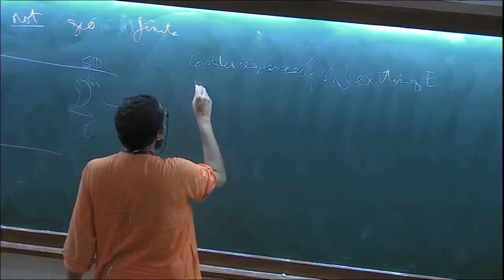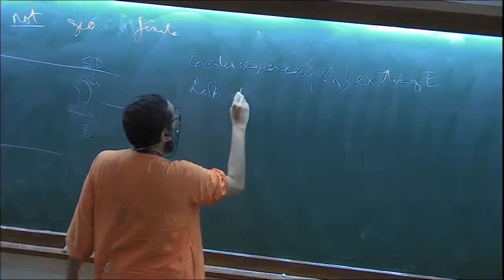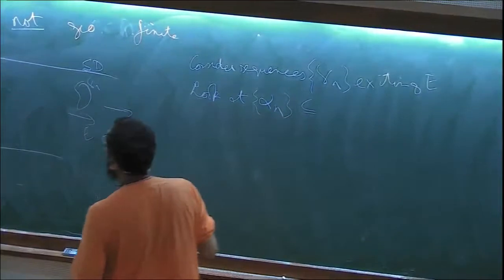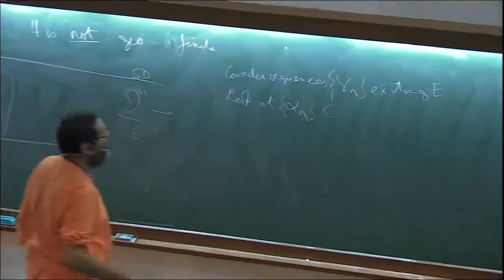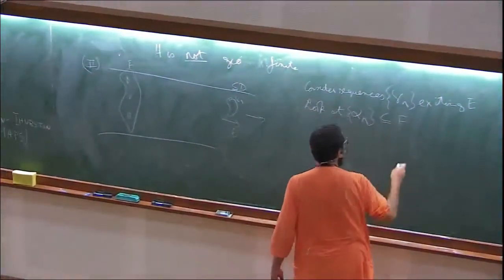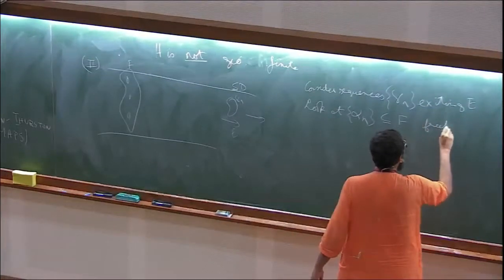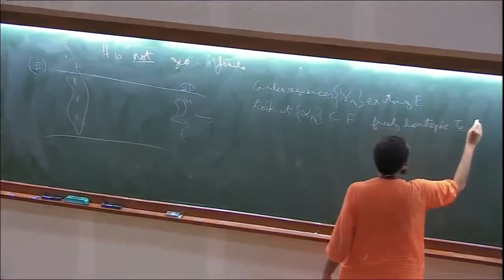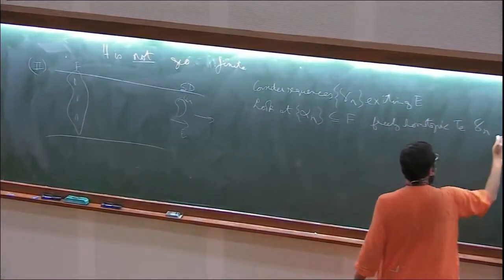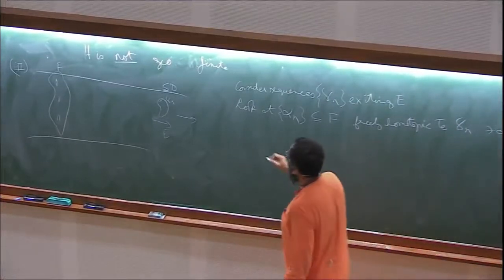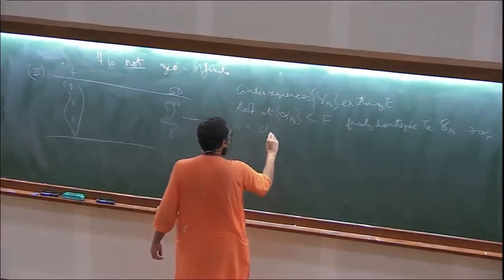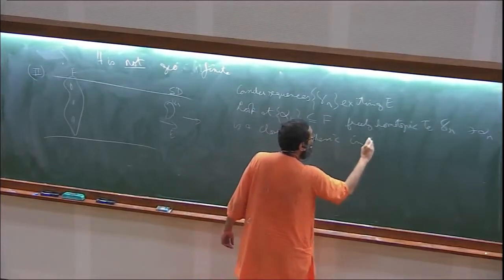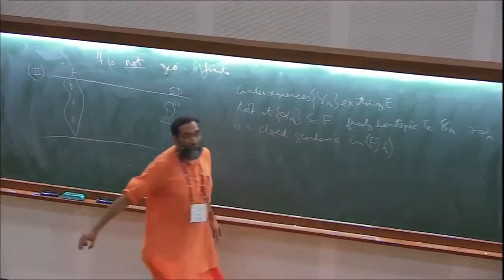So look at alpha n contained in, so this was my surface F, freely homotopic to gamma n, such that alpha n is a closed geodesic in F with respect to its intrinsic metric.